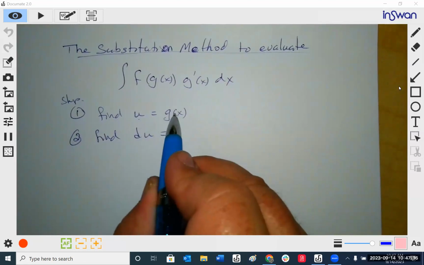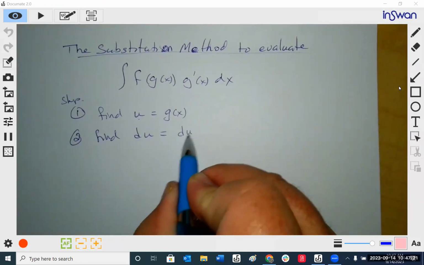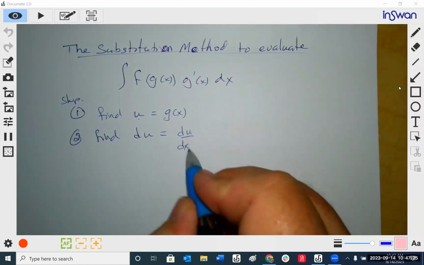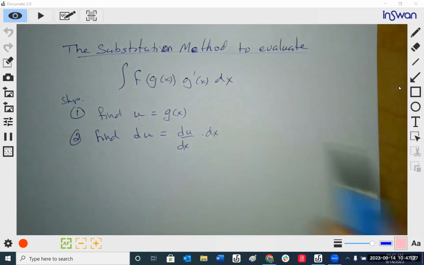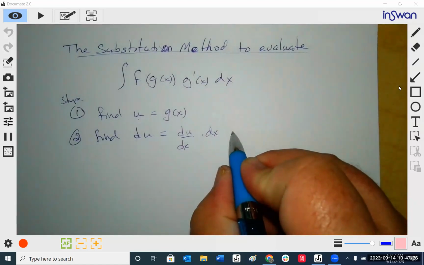Remember, u is a function of x. So in our equation earlier, we found du over dx, that's du/dx, times dx. That's how we defined it earlier. So how does that relate to what we have here?